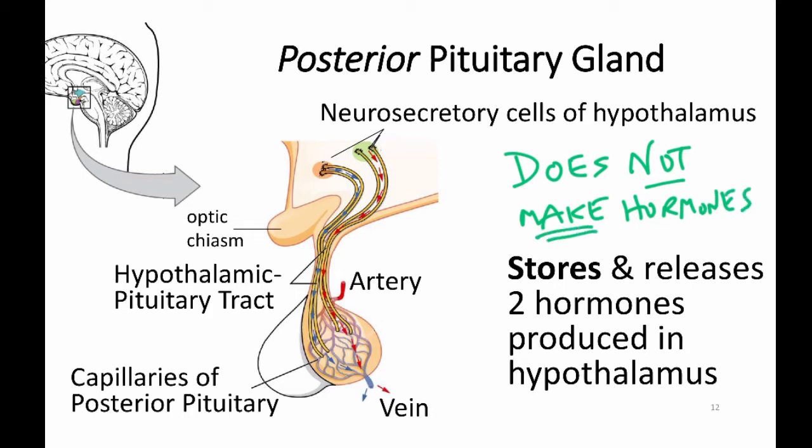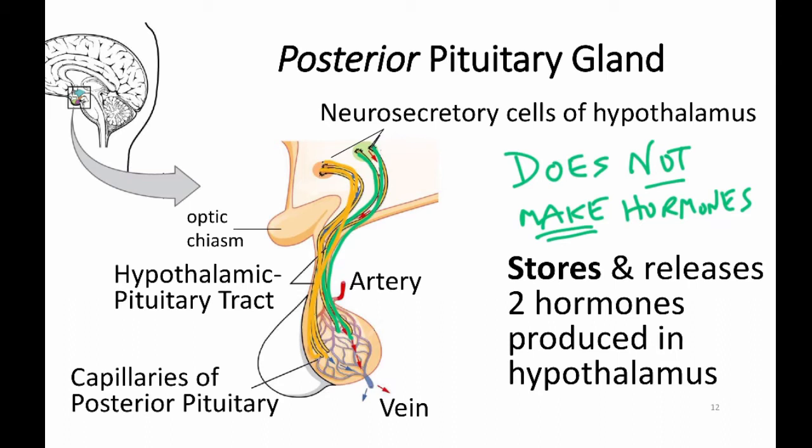It does, however, store hormones, two different hormones that are produced in the hypothalamus and transferred to the pituitary through the hypothalamic pituitary tract, which is a bridge of axons that runs through the infundibulum, the pituitary stalk.